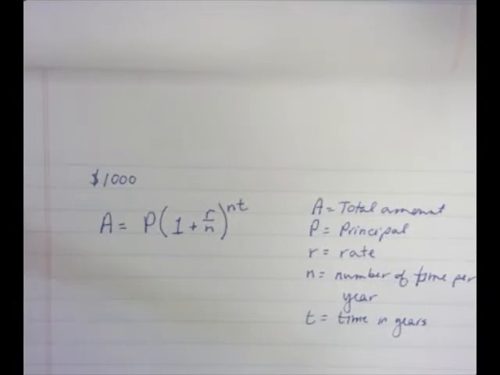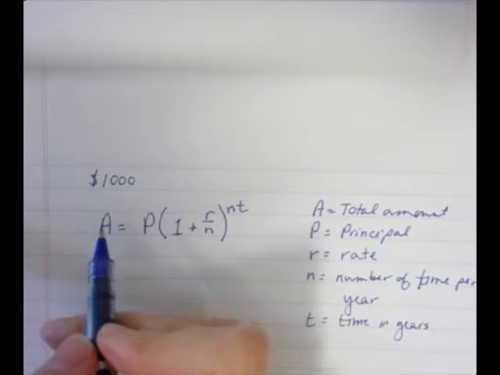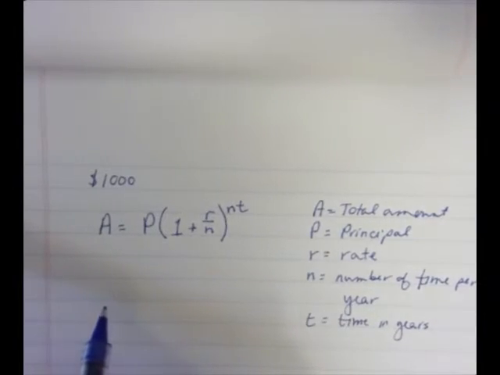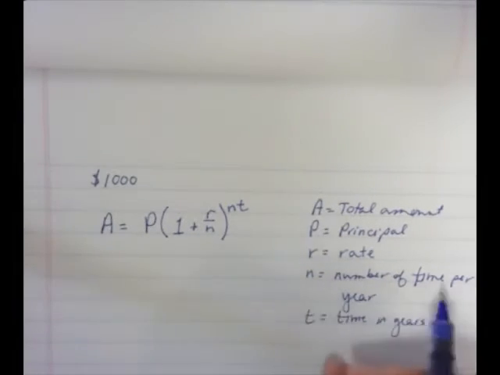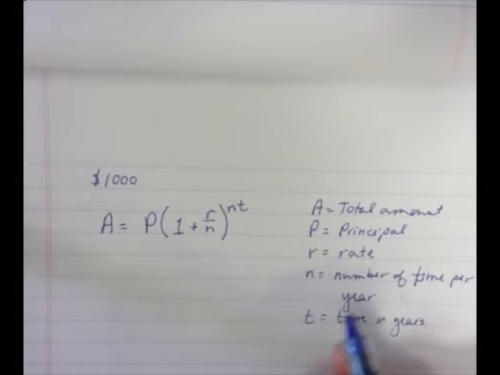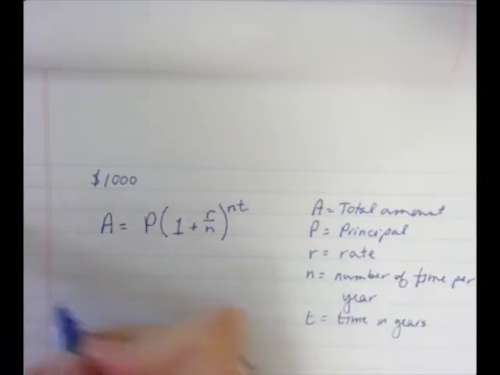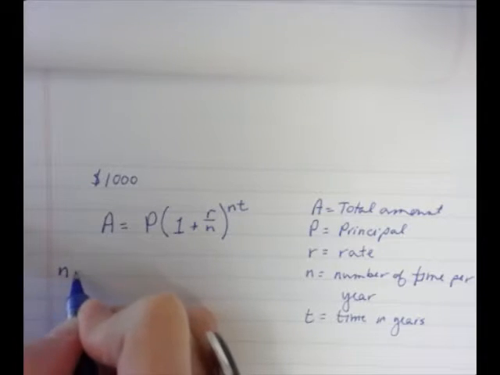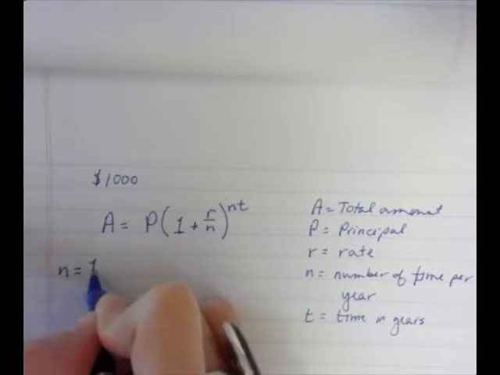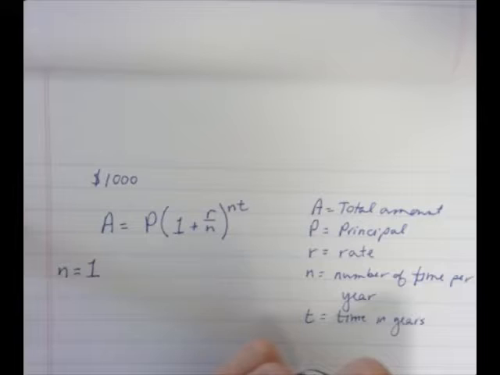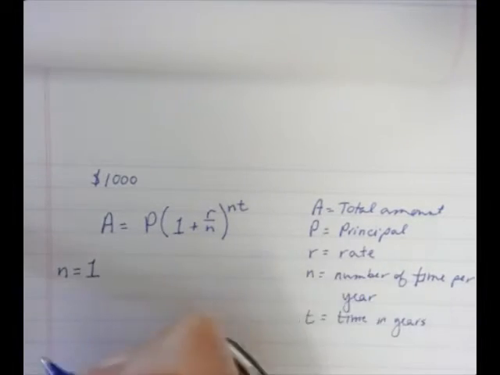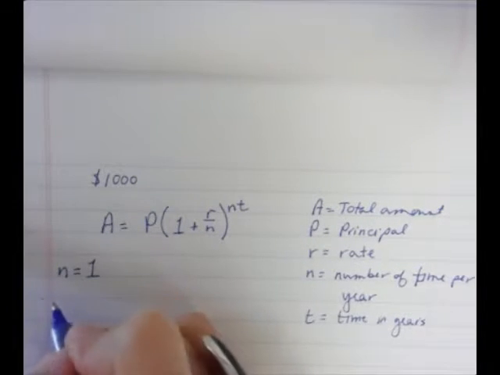Sometimes, if my money is not going to be making a lot of money, it could be compounded yearly. So when my money is compounded yearly, n equals 1, because every single year the money is going to earn interest.